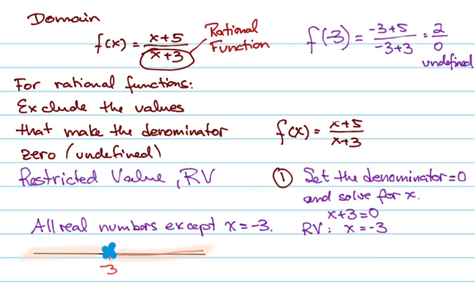Negative 3 itself is a big no-no. If you look at that number line, the domain now is written as negative infinity to negative 3, parentheses, that means negative 3 is not included, union negative 3 to positive infinity. That is your domain.